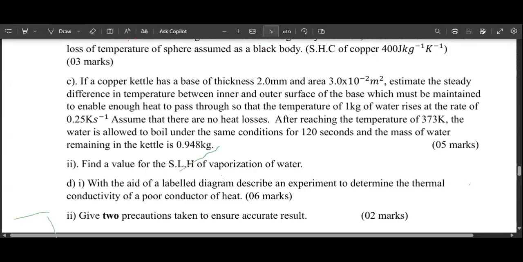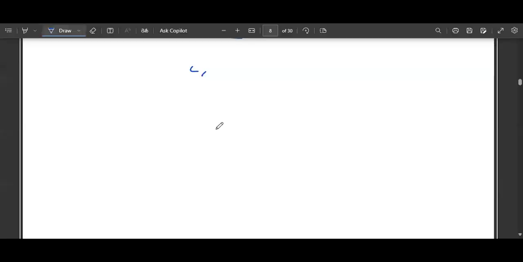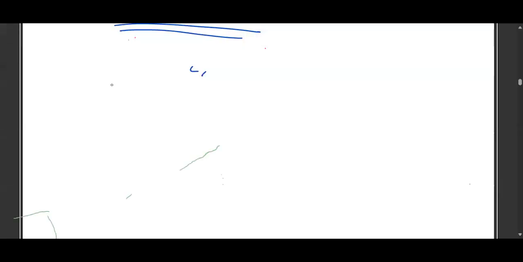So here we shall be having our rate of heat transfer Q over t given by K A delta theta divided by L. And because this heat is going to be transferred to the water, it will be m c delta theta divided by time.